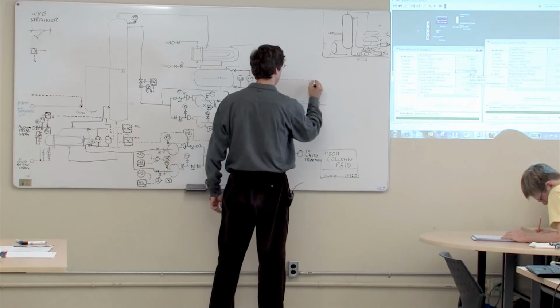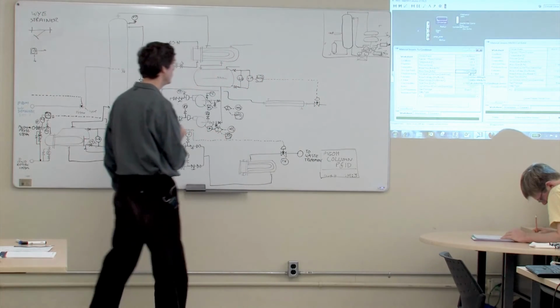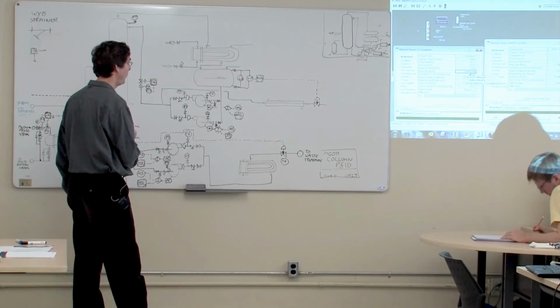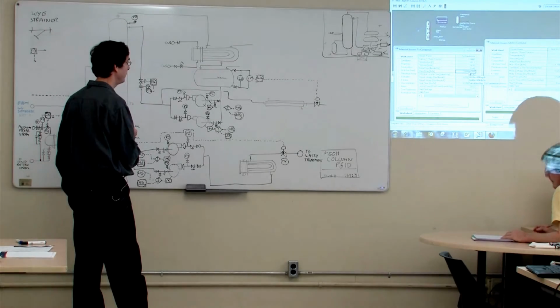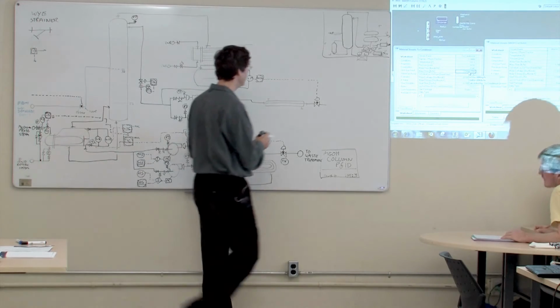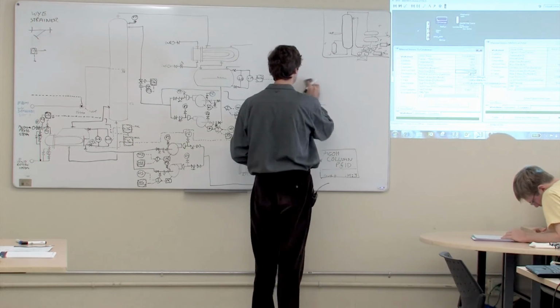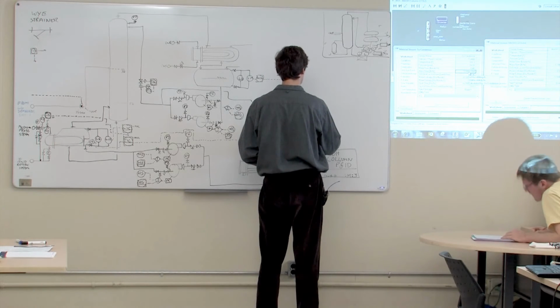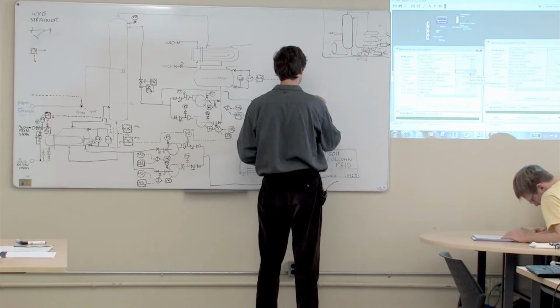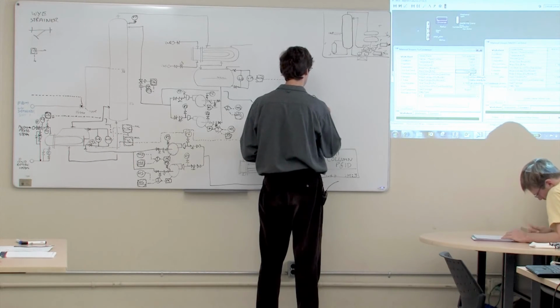So I think we're okay to just send the level indicating controller straight into the valve. Actually, you know what? That's a slow variable. The level is going to be a slow variable. Let's cascade it after all. Then I've got a fast variable, which is the flow measurement.